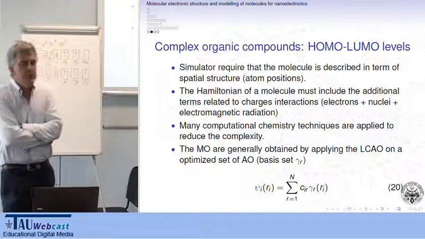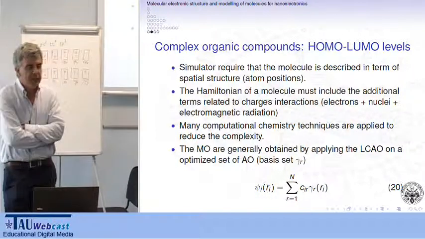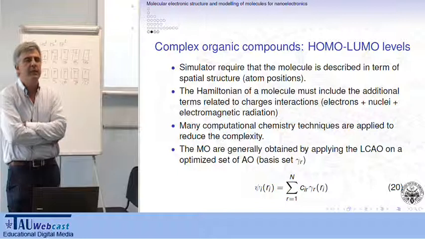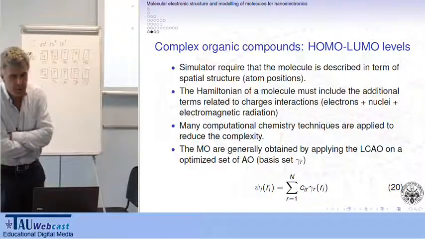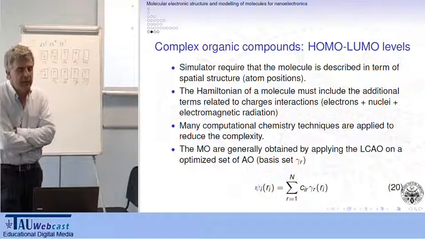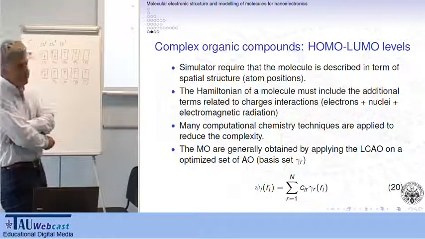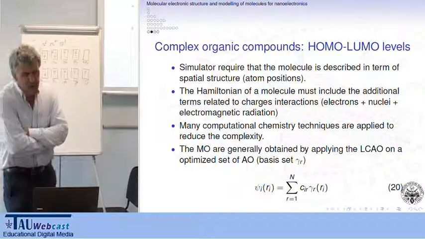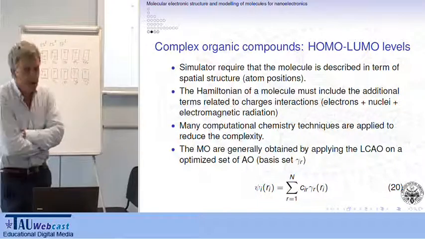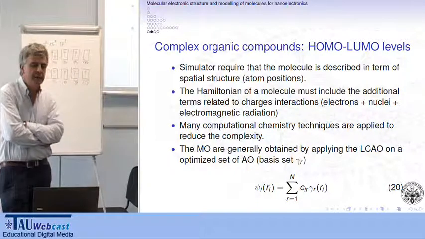The idea is to use a basis set. The basis set is a set of functions, generally mathematical functions that describe atomic orbitals, s, p, and so on. The simulator tries to optimize the structure of the molecular orbital by applying the linear combination. In other words, if psi is the wave function for the electron in the molecule, we can define this wave function by optimizing this sum.